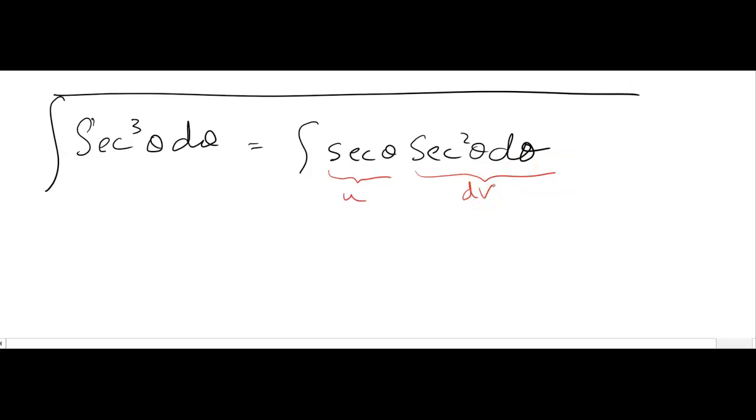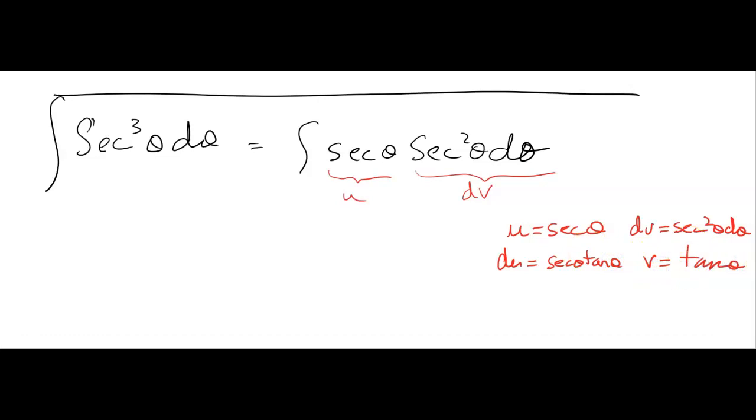So in other words, u equals secant theta, and dv equals secant squared theta d theta. Du, we know, is secant theta tan theta. Oh, and v is just tan theta. So you're thinking, all right, well, this isn't too bad. But we'll go through the problem, then you can make that decision if you're going to memorize power reduction formulas.